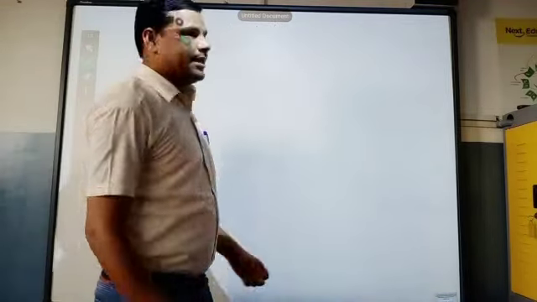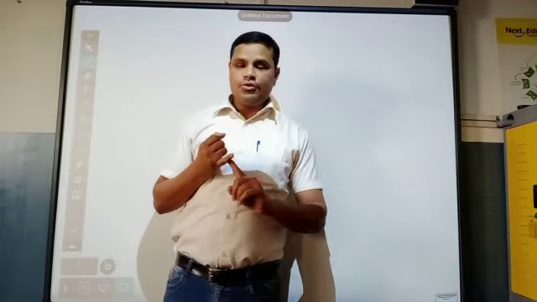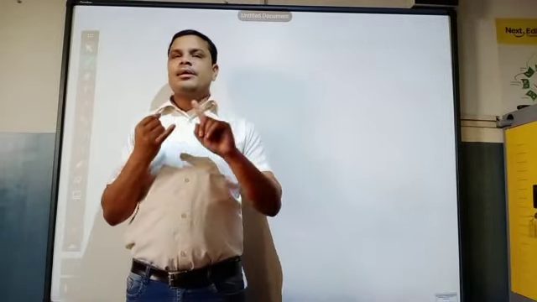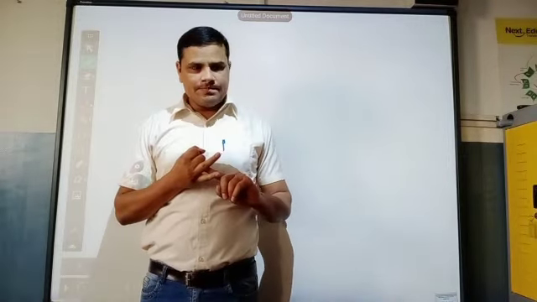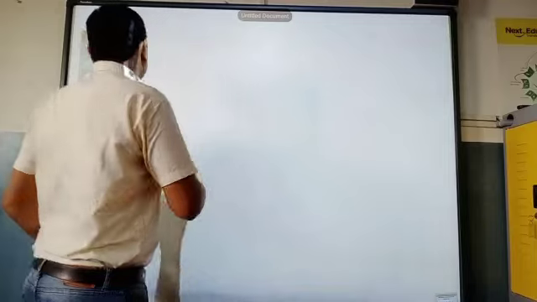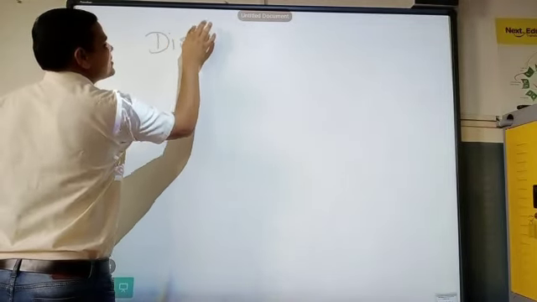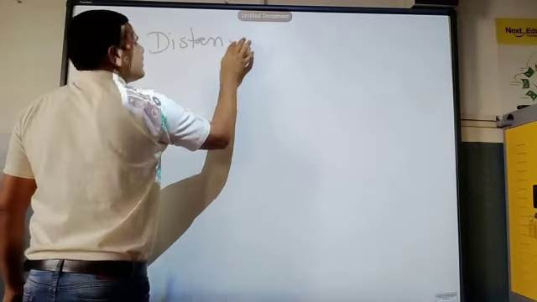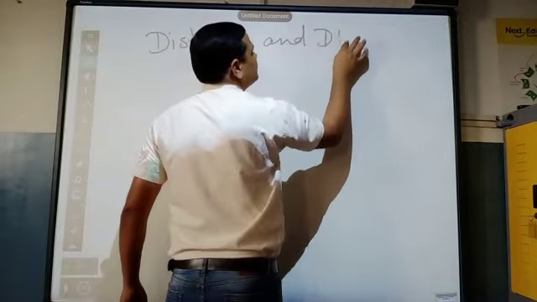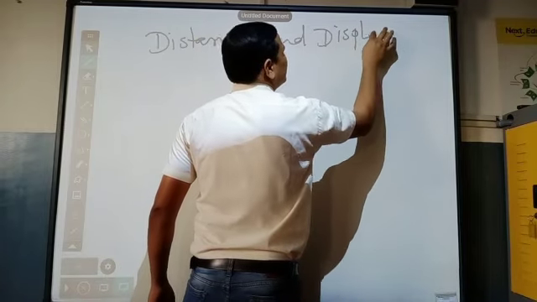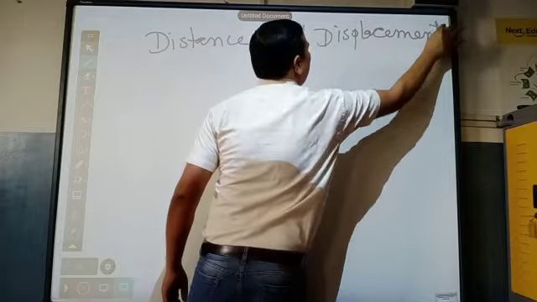Now, next concept, you have learned about reference point, you have learned about rest, you have learned about motion, you have learned about why motion and rest are said to be relative term. Now, next two things you have to learn, that is distance and displacement.